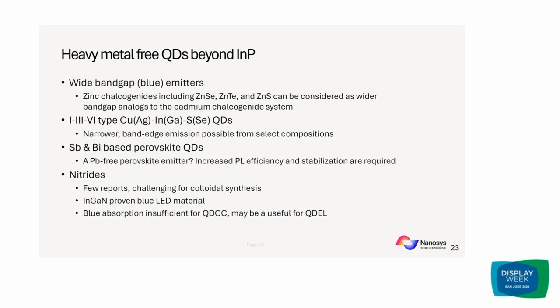When I was describing the differences between cadmium selenide and indium phosphide, going from an ionic crystal to a covalent crystal, you can imagine the nitrides as being one step further in that. The types of gas phase reactions that make solid-state nitrides are all incredibly high temperature, and finding chemical precursors that are possible to use in solution at lower temperatures has been a real challenge. So it may come, but right now it's still very much in the R&D phase.